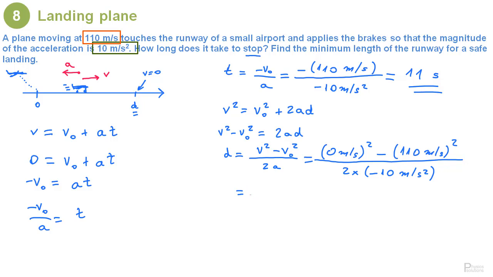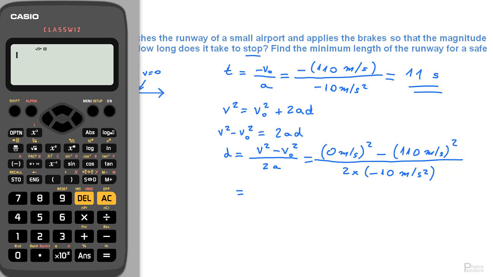We can plug this into our calculator. We have 110 squared divided by 2 times 10. Notice that I did not include the minus signs because they will both cancel, the one in the numerator with the one in the denominator.